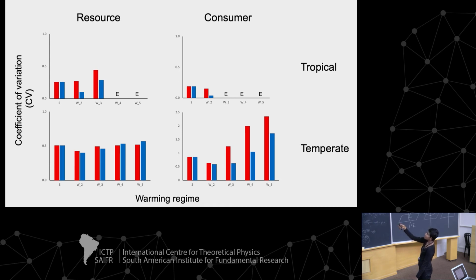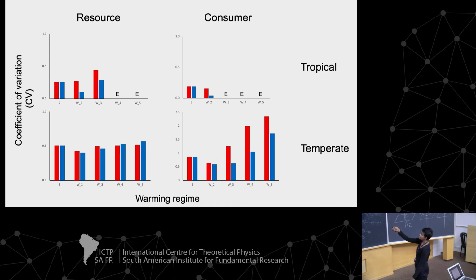In the tropics you have so many extinctions that the difference between hotter summers and warmer winters is not as apparent, because there's no winter and no summer really, you just have uniformly increased temperature. But in the temperate zone you do see the difference, but look at the difference between the resource and the consumer.